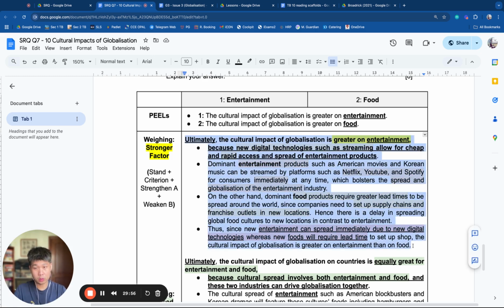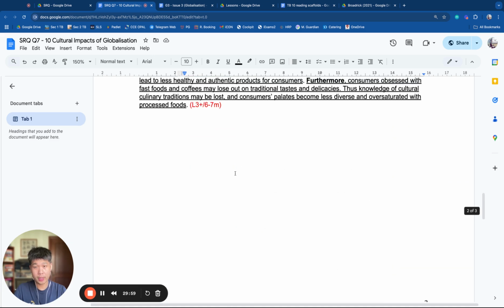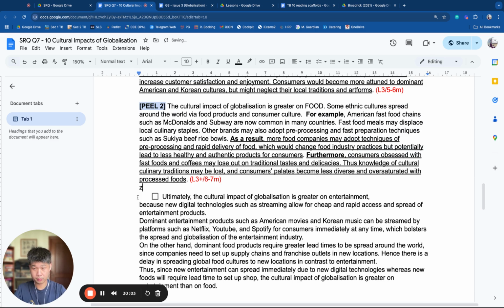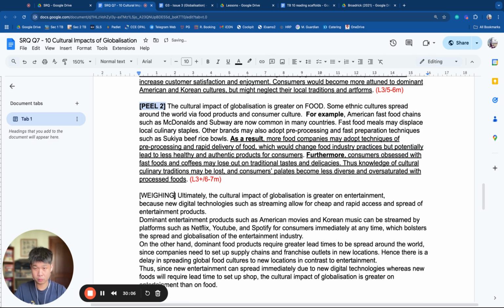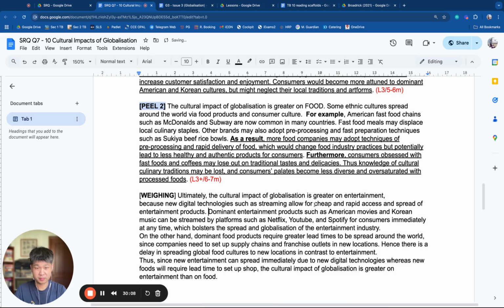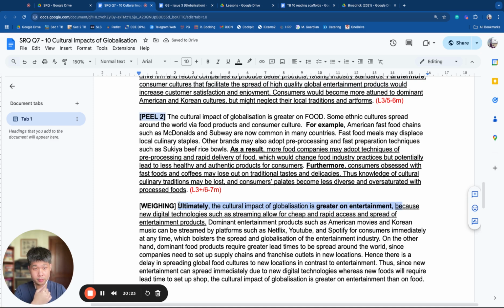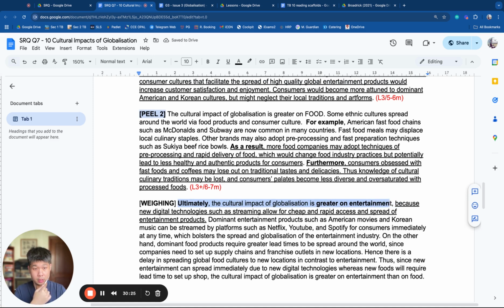And the way I would go about adding it in is it would be my final paragraph, which is the weighing. And in my final paragraph, when I do the weighing, you see that I have the stand, I have the deeper criteria, I have strengthened one side, and I've weakened other side.